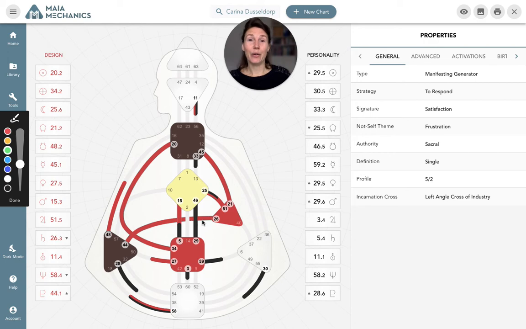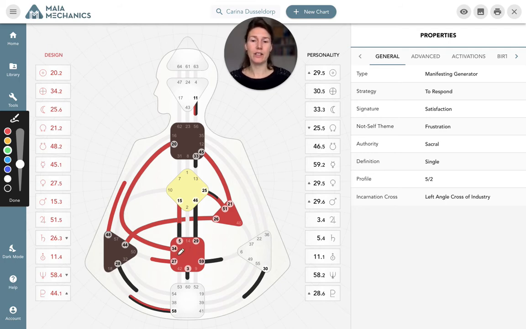And why my type is a generator has to do with this specific center here, the sacral center, which is about life force. I explained that earlier, and it has the energy to do things, to produce, to create, and to literally generate life and reproduce life, if you will.